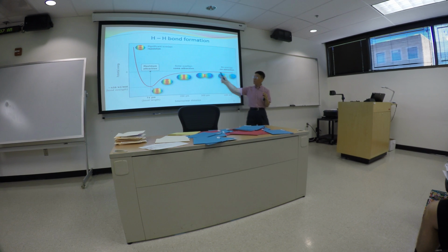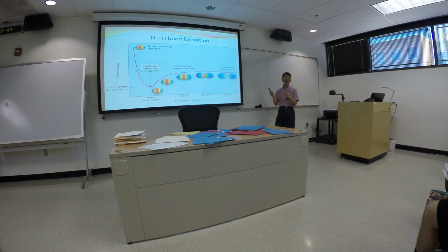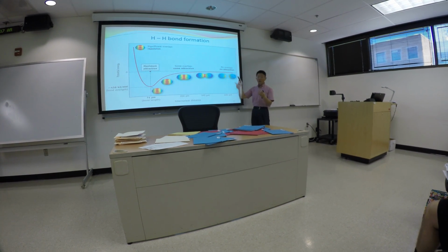Now, this red line in this graph represents the amount of energy required in that particular situation. You can see two individual hydrogen electrons there. In theory, they can actually exist. Okay? However, they are not stable.